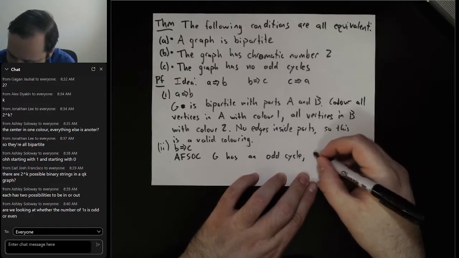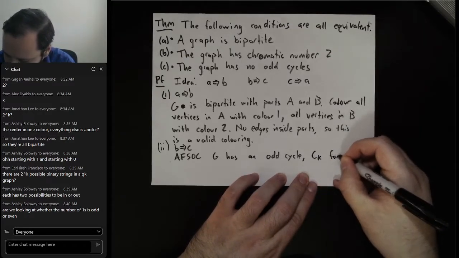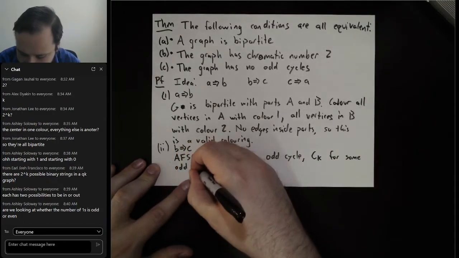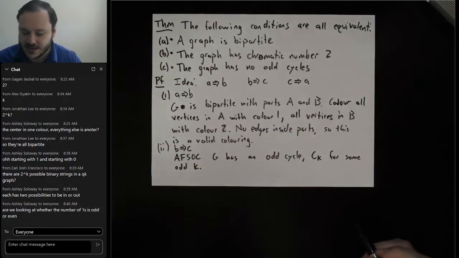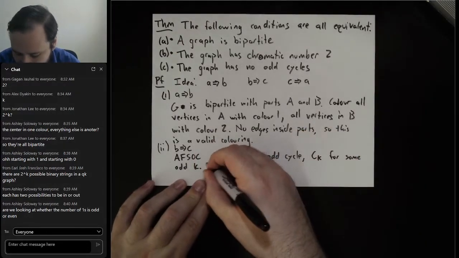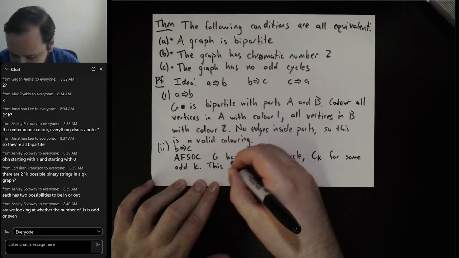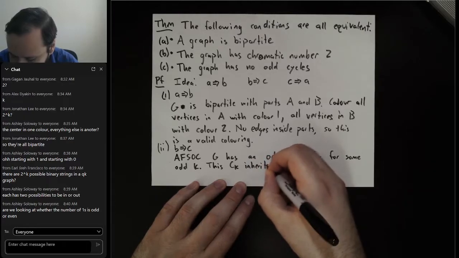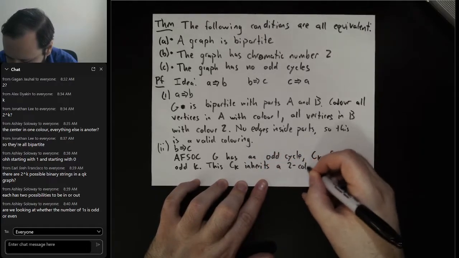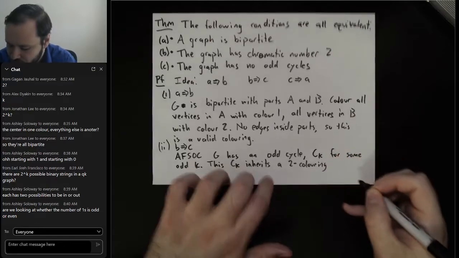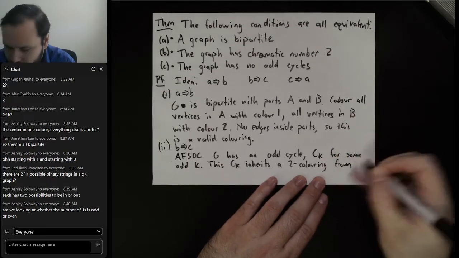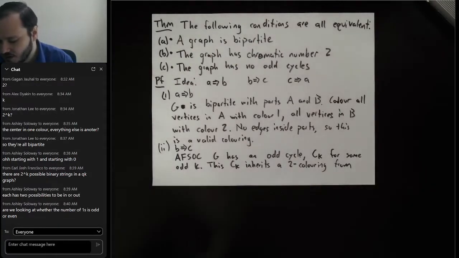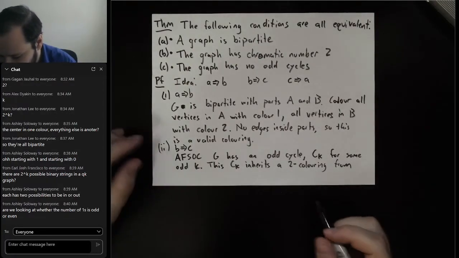Let's say C_k for some odd k. This C_k inherits a 2-coloring from the 2-coloring of G. I'm 2-coloring G and I'm just focusing in on my odd cycle here.